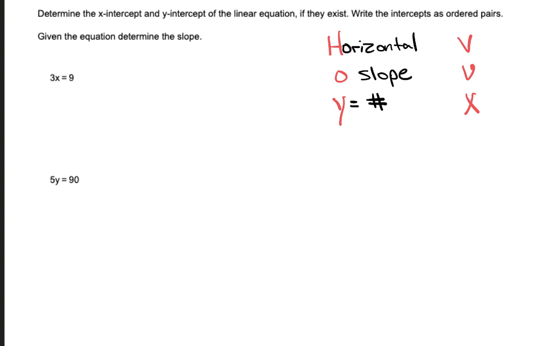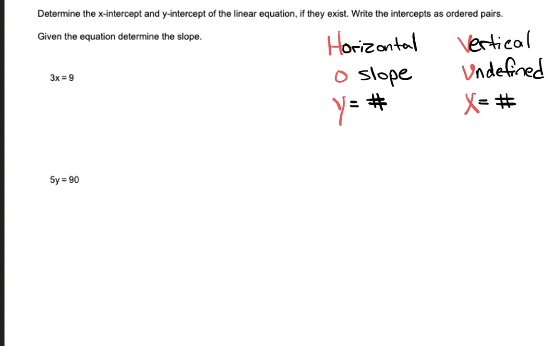The Vux is, of course, a vertical line. The slope is undefined, so a vertical line is undefined. And it's in the form of x equals a number. This to me is very helpful because I do know that it's either vertical or horizontal if you don't have both x and y, but sometimes I get mixed up on which one's which, and this helps me.